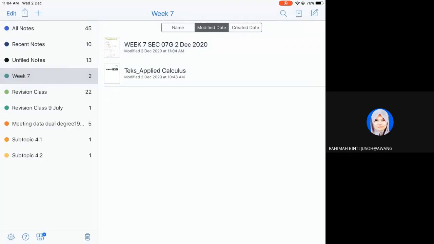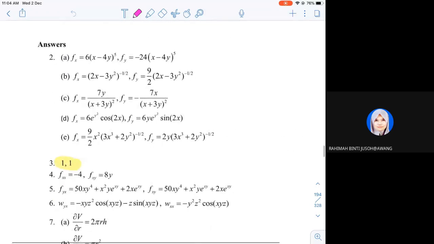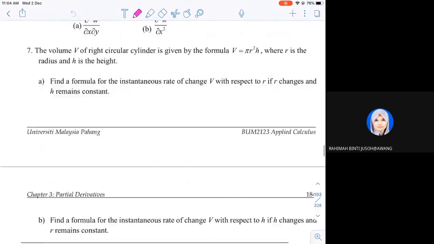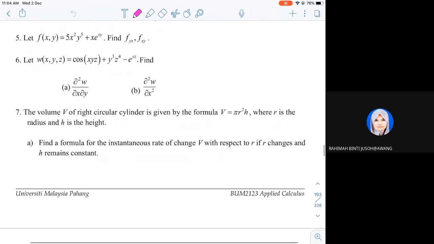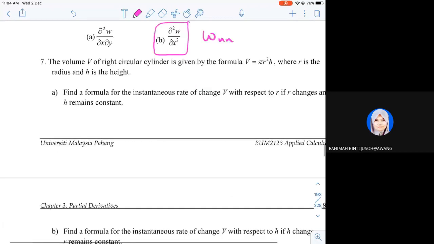Alright, now was the answer correct earlier? xz y squared cos, okay, minus x. Alright. So next, del squared W over del X squared is WXX, which means that after you differentiate with respect to X, you have to differentiate again with respect to X.